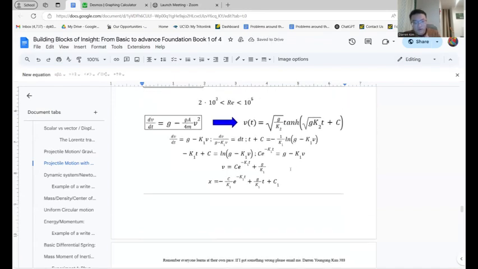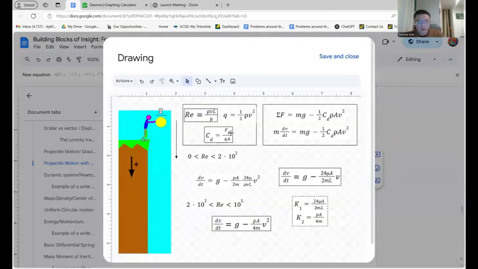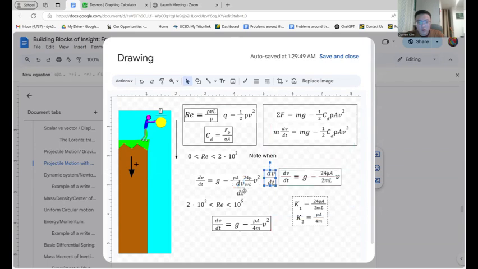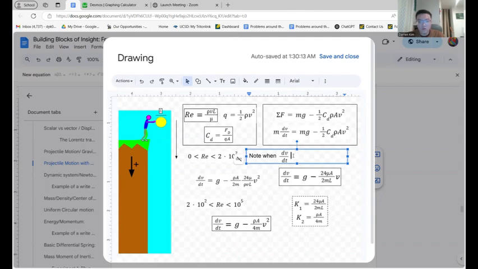Note: when dv/dt equals zero, then it is terminal velocity.